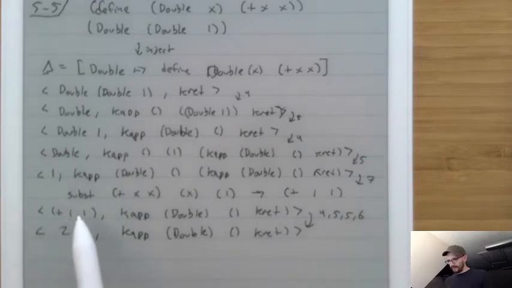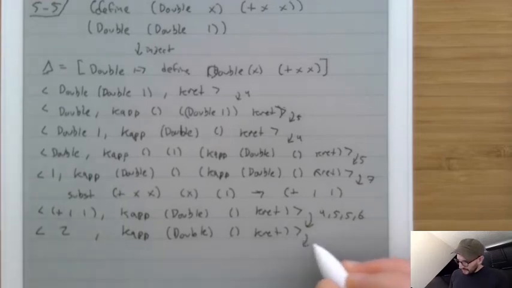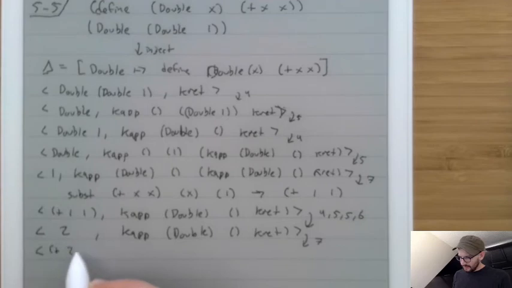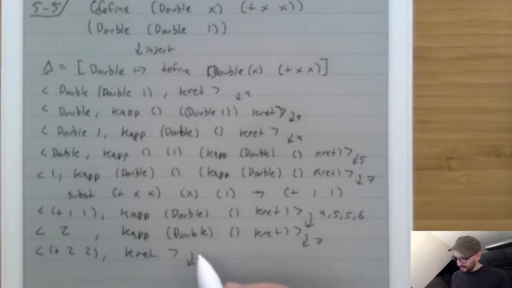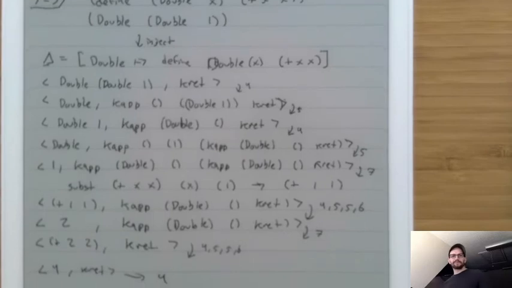And then we have another instance of rule 7, where we would get plus 2, 2, and then we would just have k-ret. Then another use of rules 4, 5, 5, 6, and we get down to 4, k-ret, and then we'd be done, and we'd get the answer, which is 4. So that's a walkthrough of running this particular program.